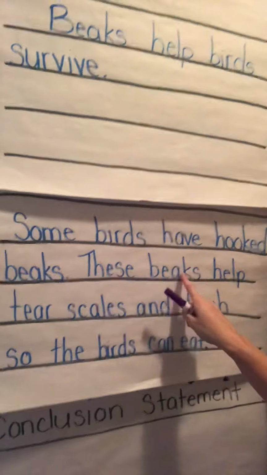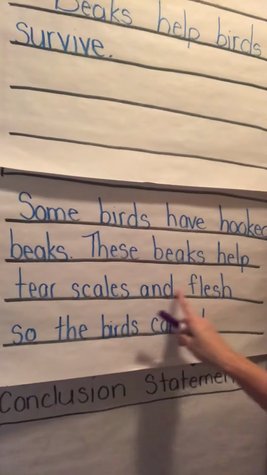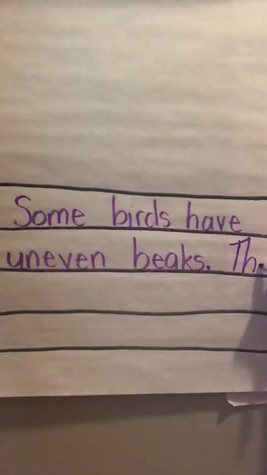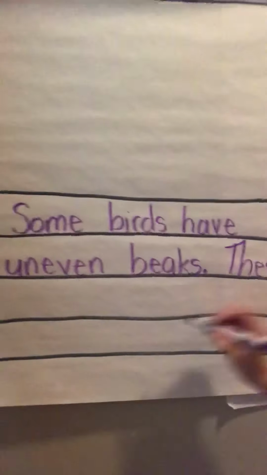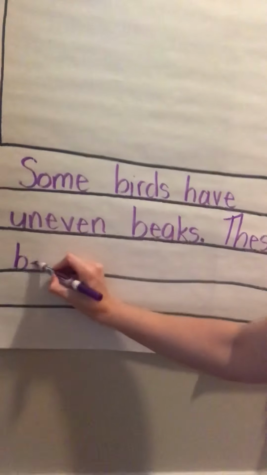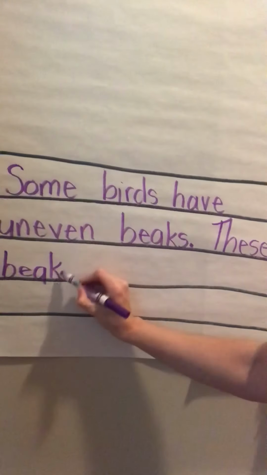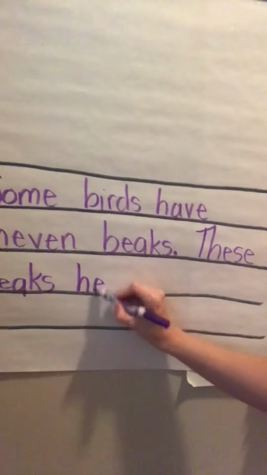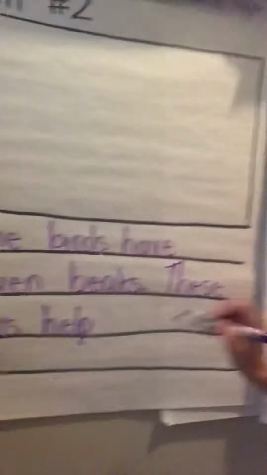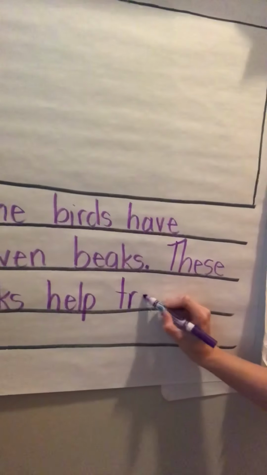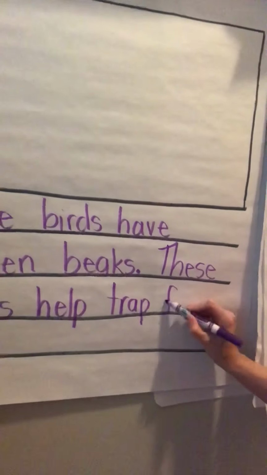So again, just like the other day, I just said these beaks help, and then I finished my sentence. So I'm going to do the same thing. So some birds have uneven beaks. These beaks help, and then on our chart it said trap fish.